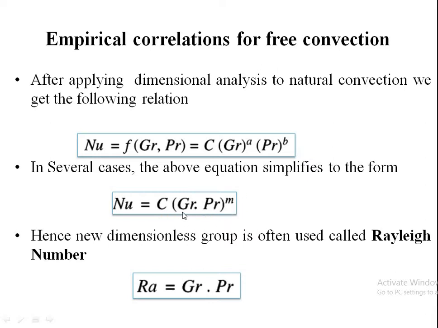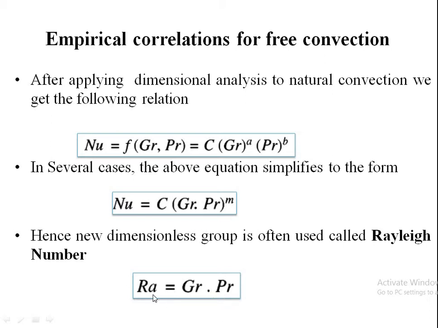So here we can say that a new dimensionless group is formed, that is Gr multiplied by Pr. This dimensionless group is called the Rayleigh number. It is denoted by capital R, small a, equal to Gr multiplied by Pr. That is, the Rayleigh number is the product of the Grashof number and the Prandtl number.